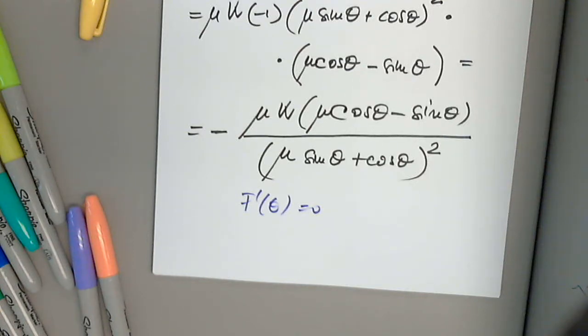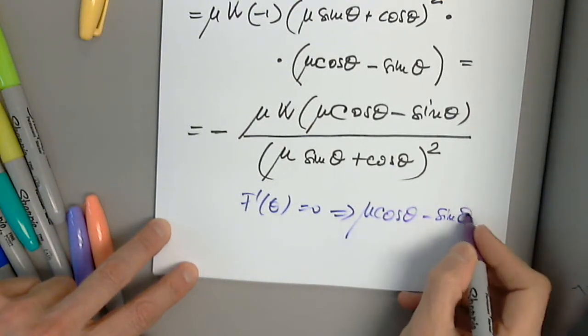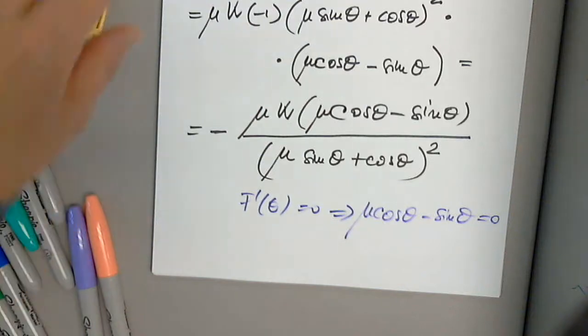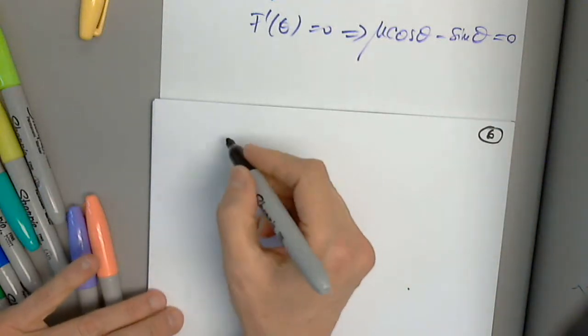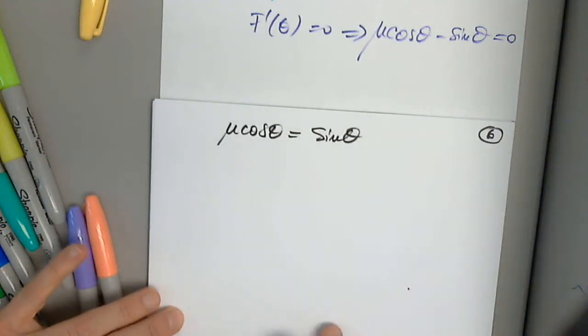Just this parenthesis. So mu cosine theta minus sine theta equals 0. A long time ago, we solved the trig equation, or two. Let's do another now. So mu cosine theta equals sine theta.